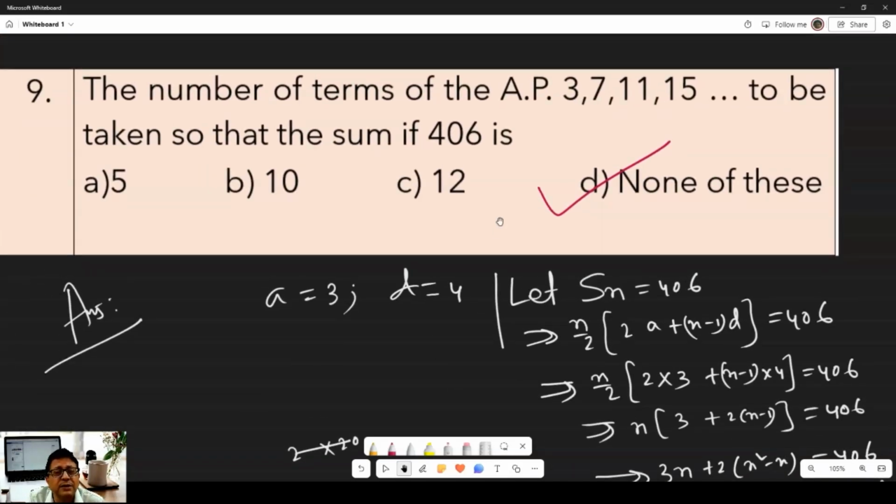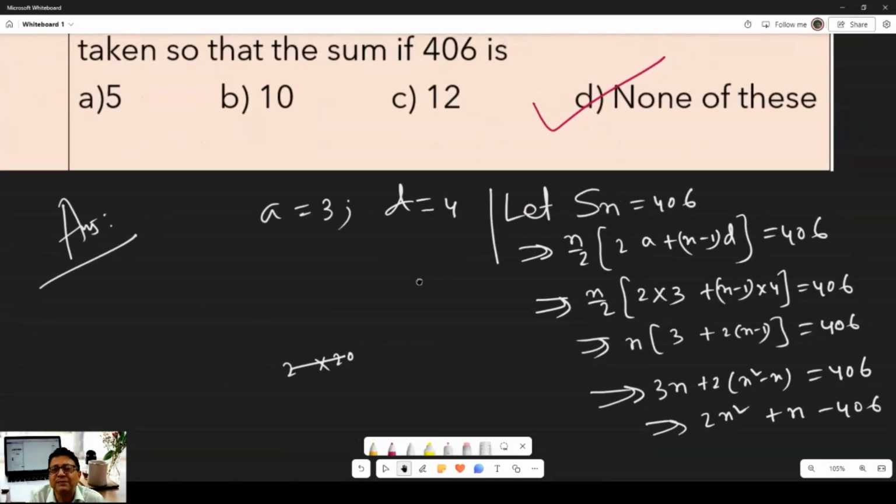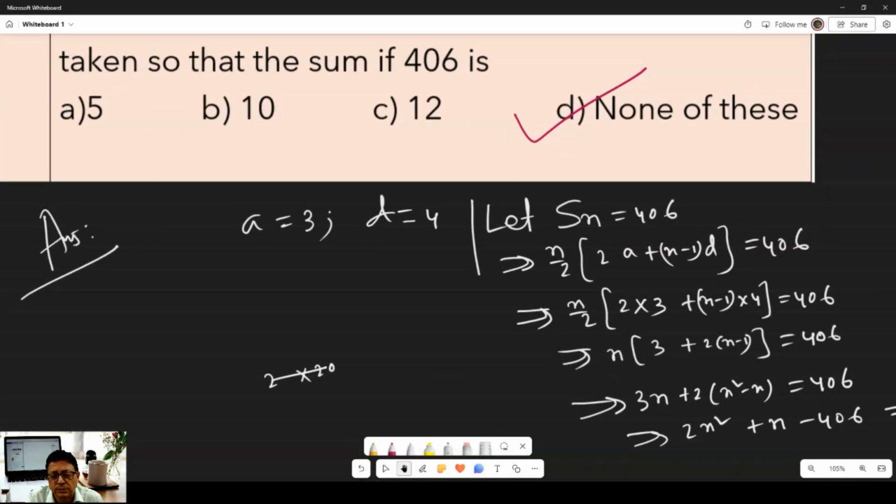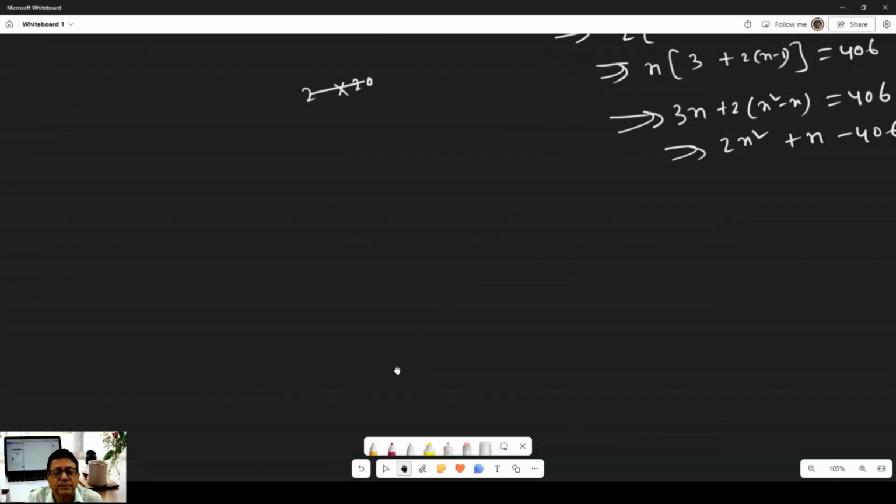It is an MCQ, that's why I have selected it. The sum of terms may not be 406. That's why none of these. Don't waste your time here. Understood? Just go through it once more. Check it once again. Clear? Go for the next one now.